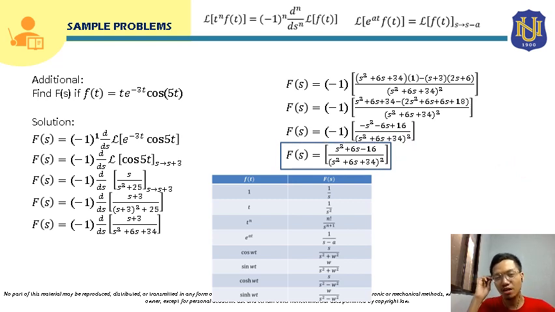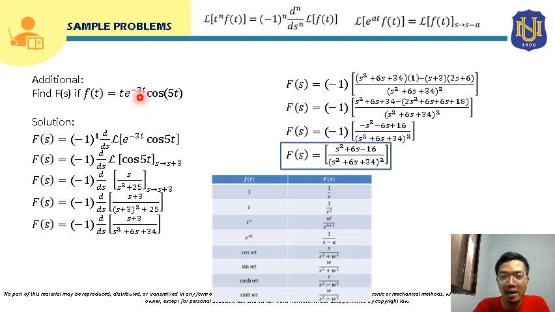Take note here that you can also start solving this by applying the first shifting theorem, and then after that, you apply s differentiation. So in any order, you can do that, and it should give you the same answer. So you can try to answer that using that way.